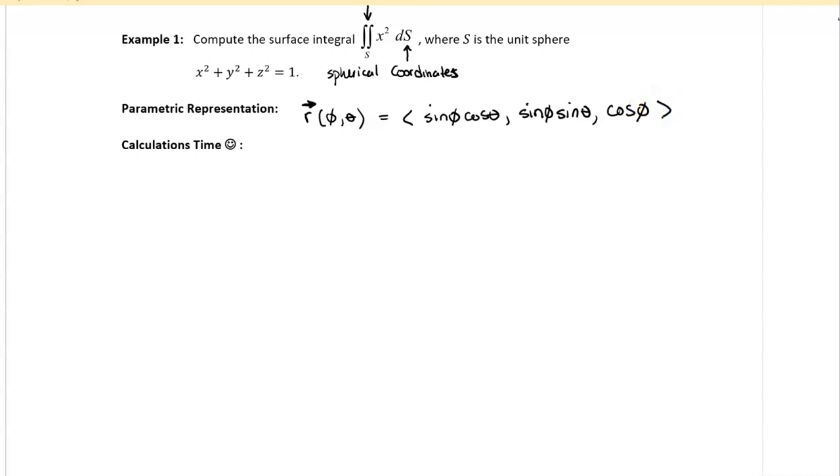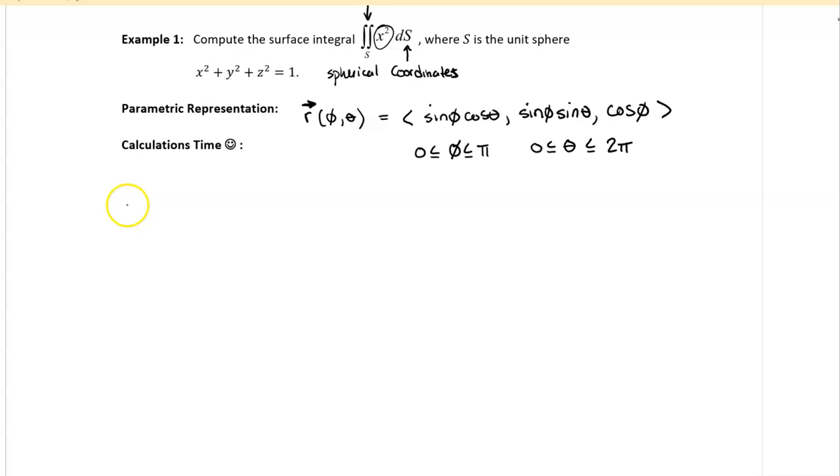The restrictions on our parameters, if you remember, for phi we only go to pi, and then for theta we go to 2 pi. So if we're going to evaluate this surface integral, we know what we're already plugging in for x squared, but the real work is going to come into representing our dS through our parameters.